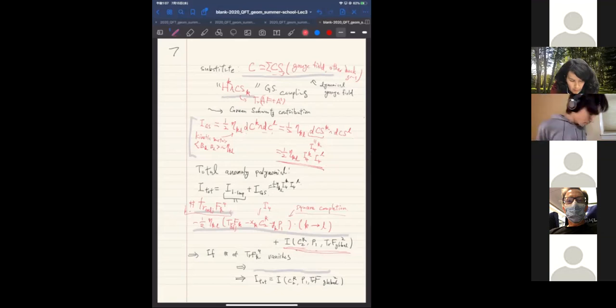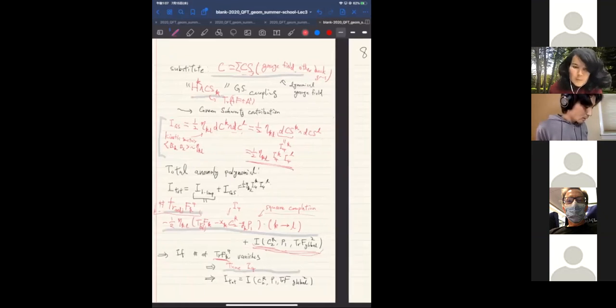From the IR point of view, if the coefficient of this trace F to the fourth term vanishes for every gauge group, then at least this perturbative anomaly vanishes. So you just tune the I4 to cancel the second line, and then the remainder term is the total anomaly polynomial.